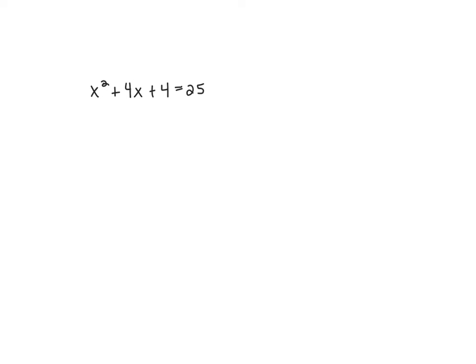So if I make my box here, put my x squared here and my 4 here. So that's x times x for x squared, plus and plus 2 and 2.